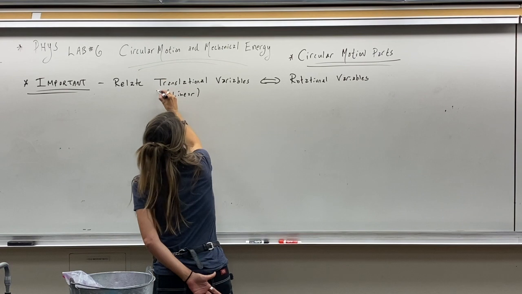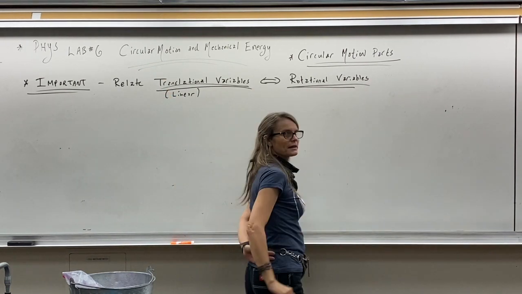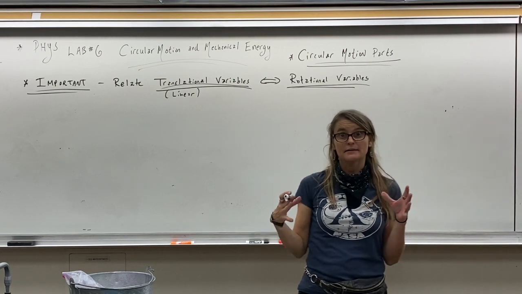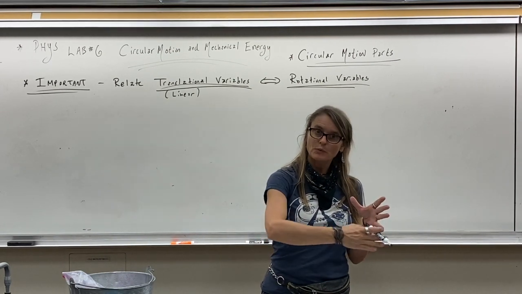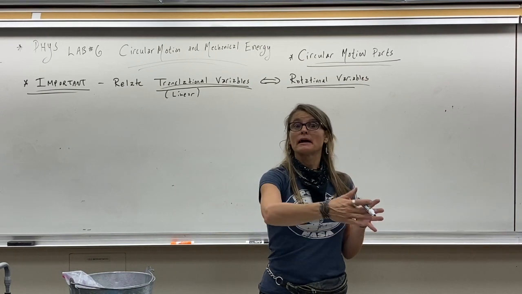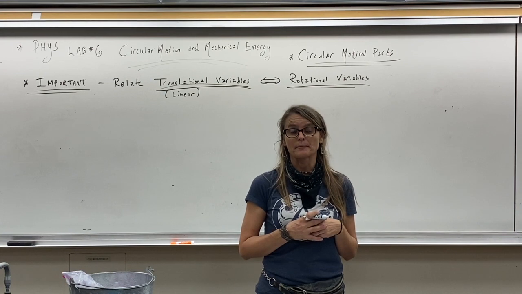Okay? And your textbook or many websites go over this idea is if you're viewing objects rotating, you need to have some way of communicating how everything's rotating, the motion of all those objects in that rotating frame.